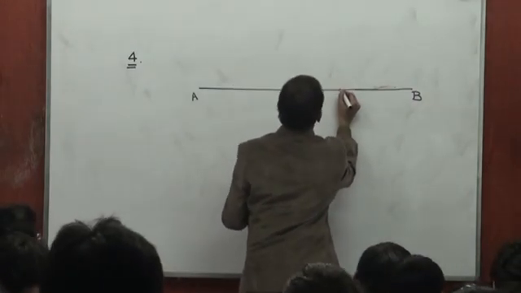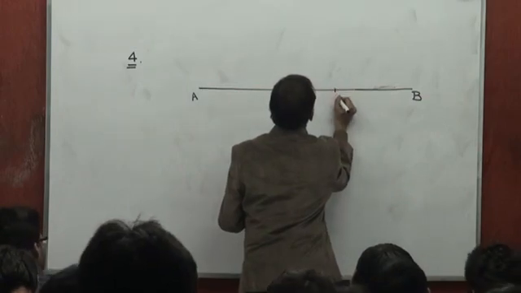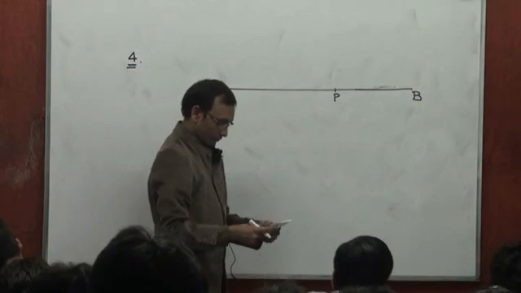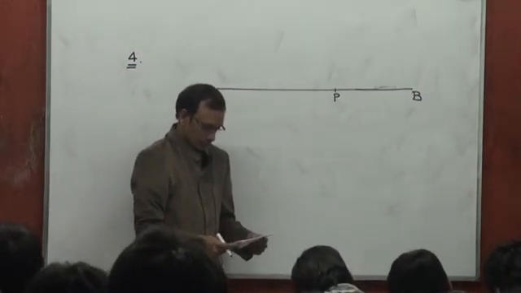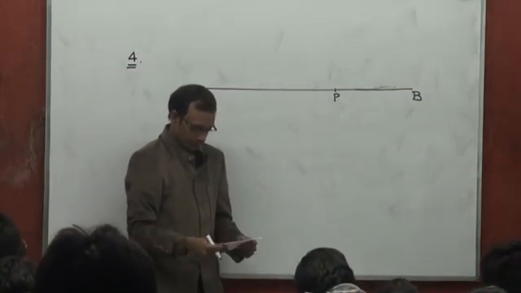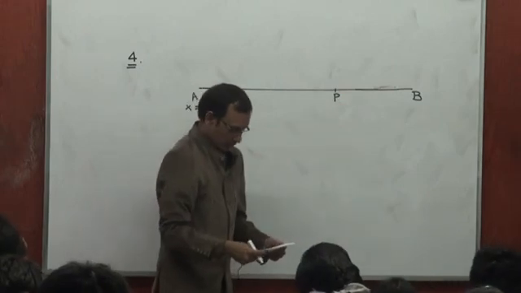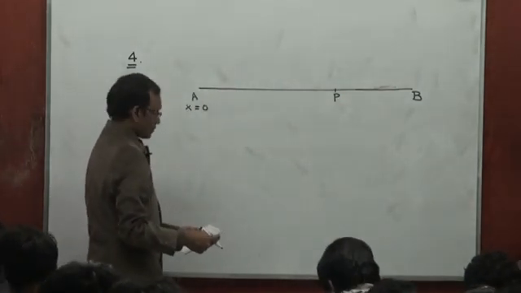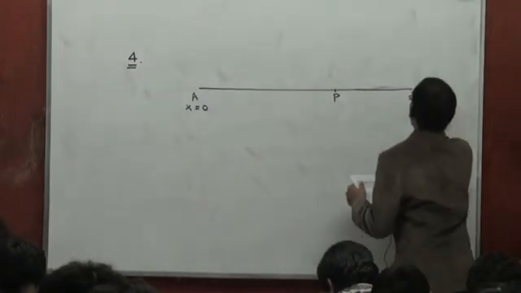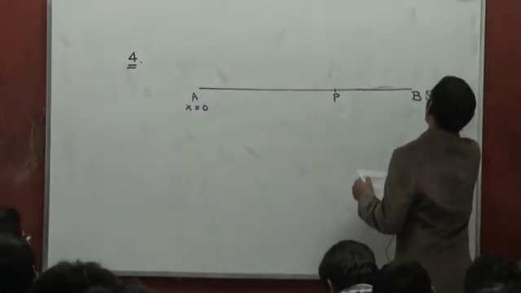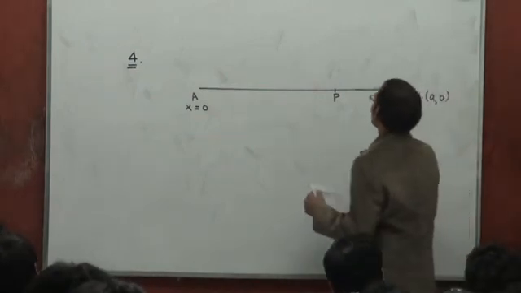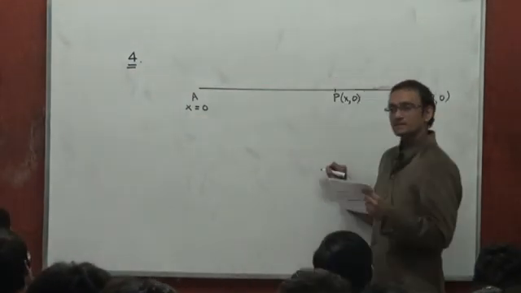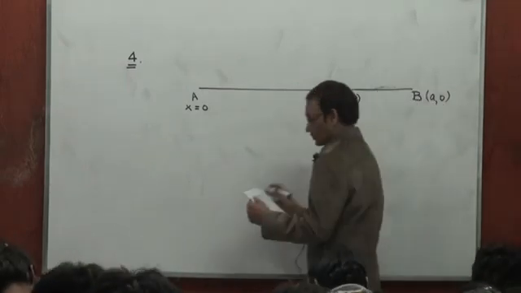First things first, when it's at any P, say I call A as x equal to 0, and B would be at x equal to a, and there would be an intermediate point P at x.